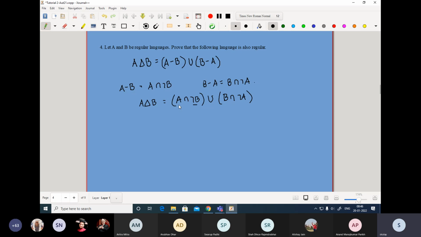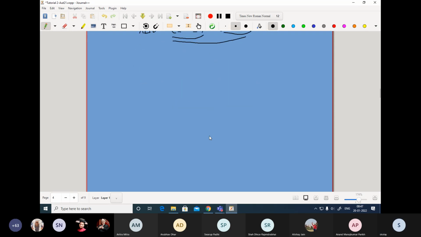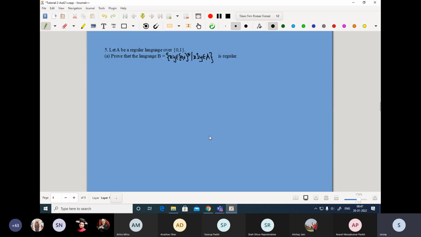So this is regular because regular sets are closed under intersection. Similarly this, and then the whole thing will be regular because regular sets are closed under unions. Okay, can I move to the next question? Anybody has any doubts? Okay, I'm moving to the next question.